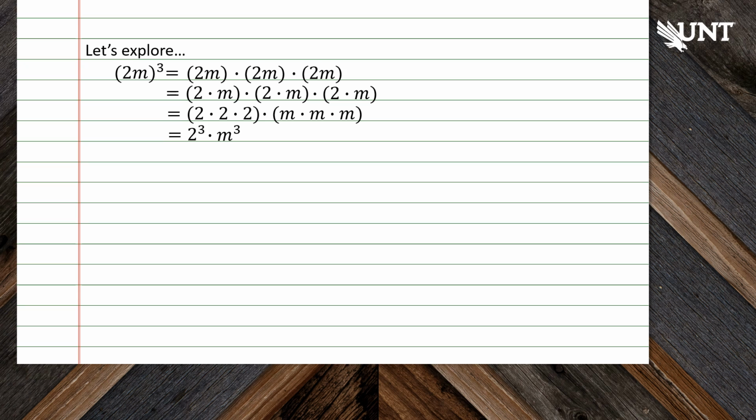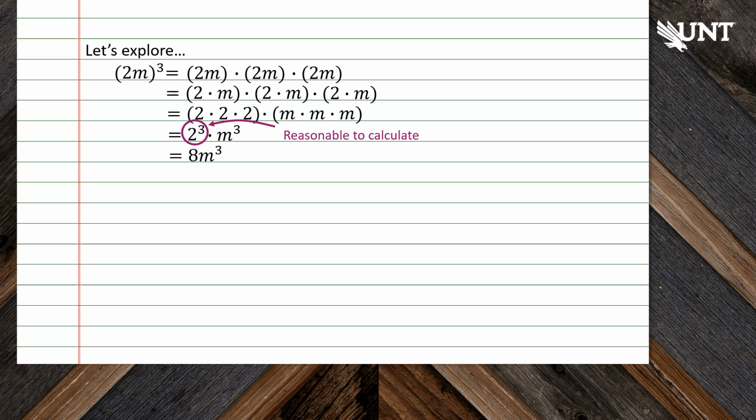Now for here, what do you notice? Well, notice 2 to the third is a value we can calculate. It's reasonable, so in this case we do need to take it a step further. We could simplify and find that value, which arrives at 8m to the third.